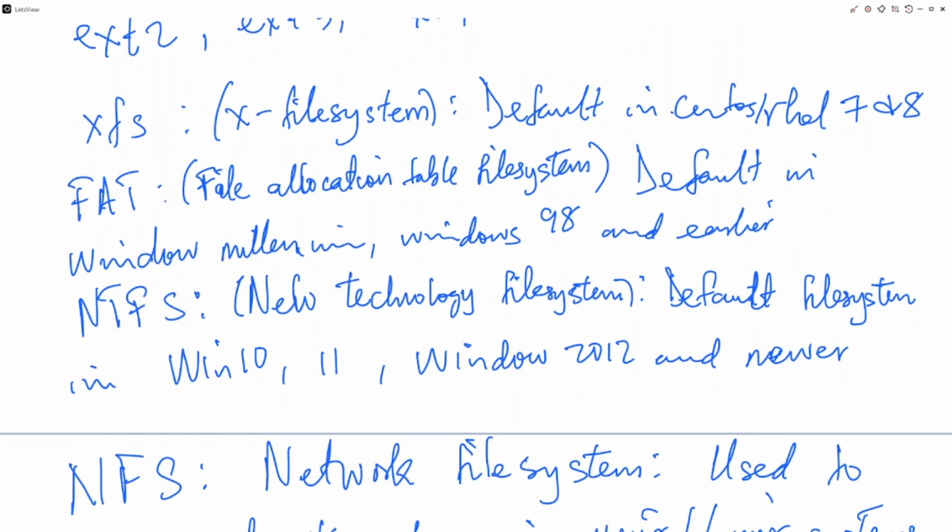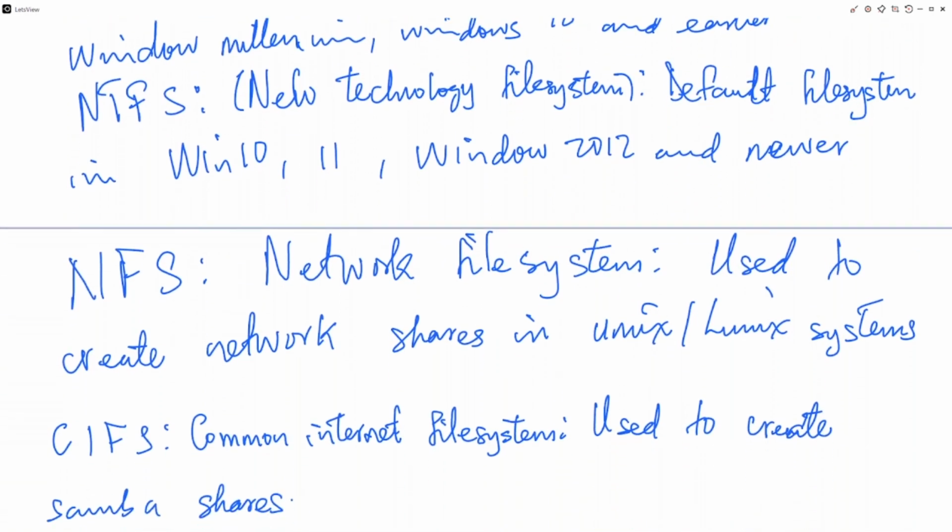And then we also have NFS and CIFS, which are file systems that work by using your network. NFS stands for Network File System, and we will use that to create network shares on one server and mount those shares to different servers.